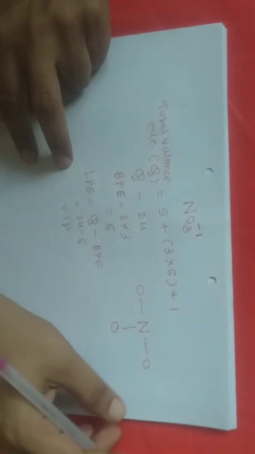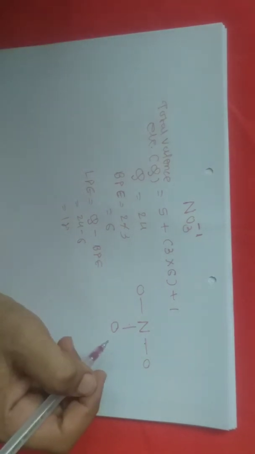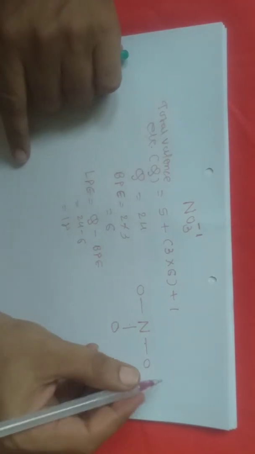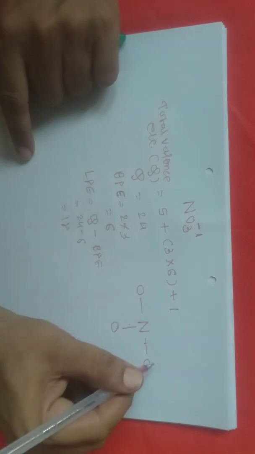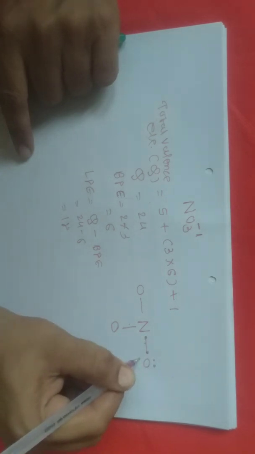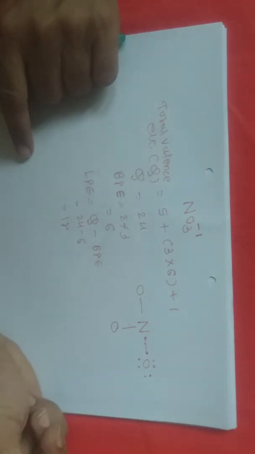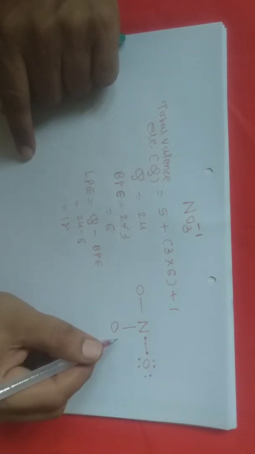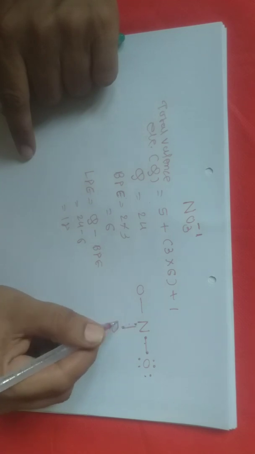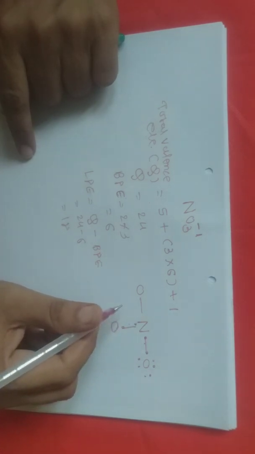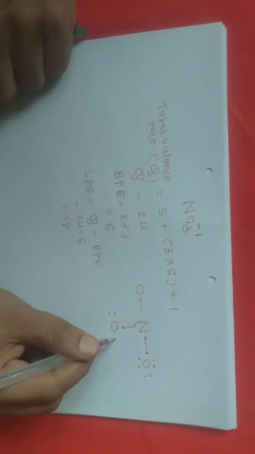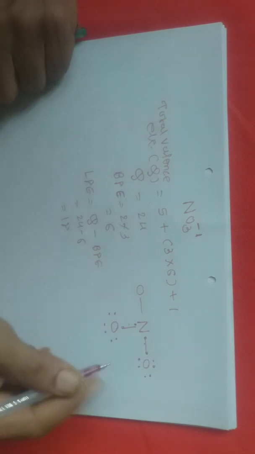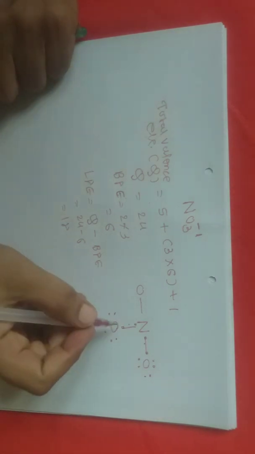structure. So the first rule is always use these 18 valence electrons for fulfilling the octet of the corner atoms. So 1, 2, 3, 4, 5, 6, 7, 8. So total 8 electrons on this oxygen. Again 1, 2, 3, 4, 5, 6, 7, 8. 8 electrons are there on this.